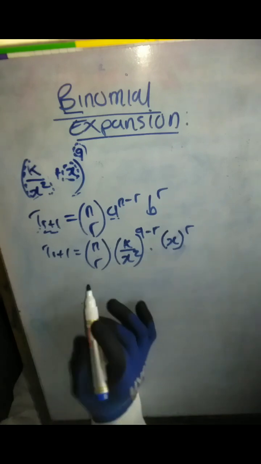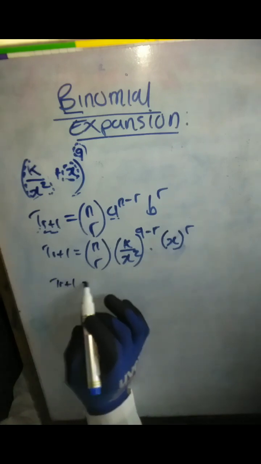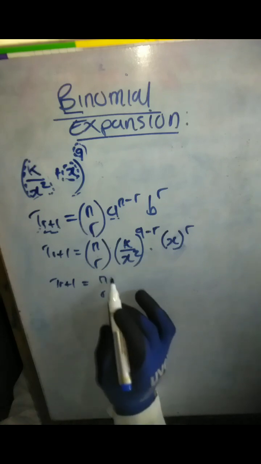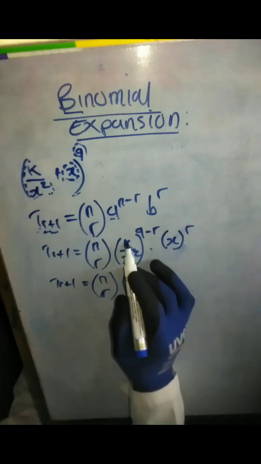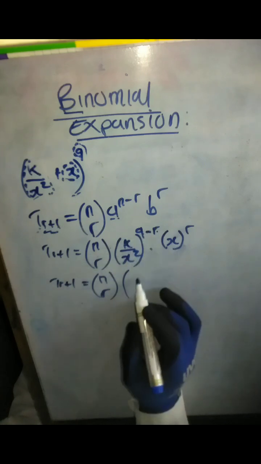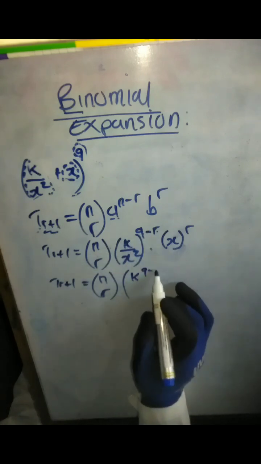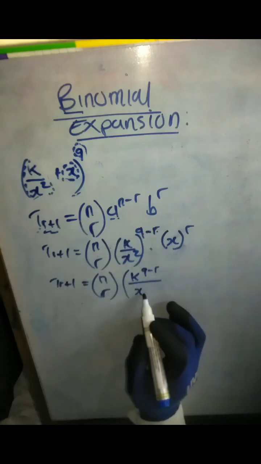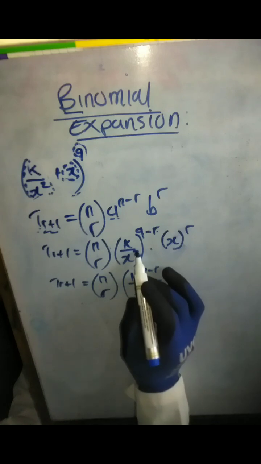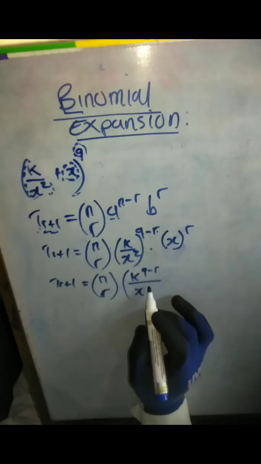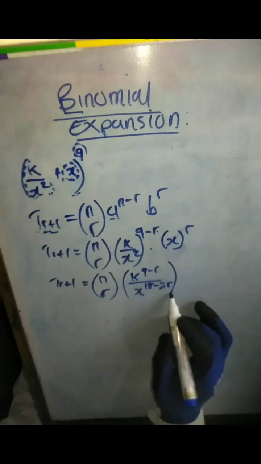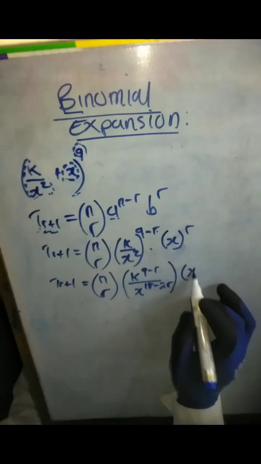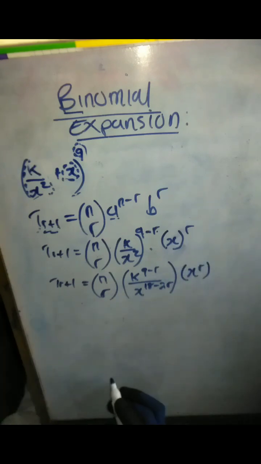So then we're going to say t sub r plus 1 equals n combine r, we don't know these values, then this can now be k to the power 9 minus r over x, then this power is 2 times this power, so we're going to have x to the power 18 minus 2r, then we have x to the power r, like that.